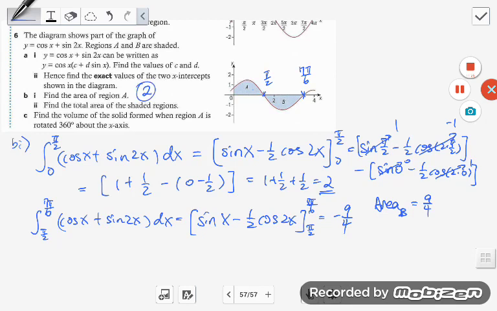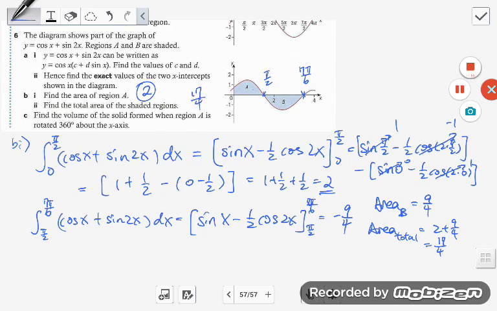Now the total area of the shaded region is 2 plus 9 over 4, which is 17 over 4.